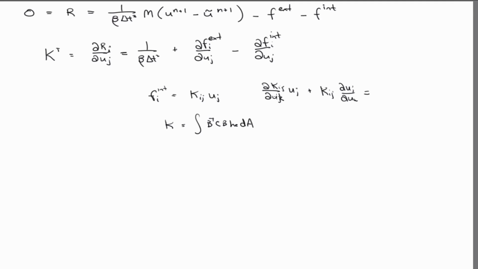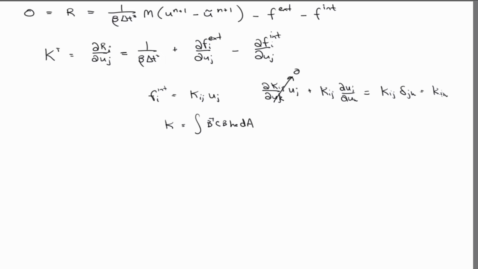Well, if it's a linear problem, right? This first term, partial K ij partial u k, this is 0, right? I mean, it's a linear problem, because there's no u's in this thing. So this would be 0, and then the last term would be K ij delta jk, which is equal to K ik, right?